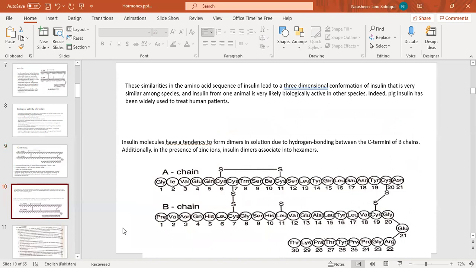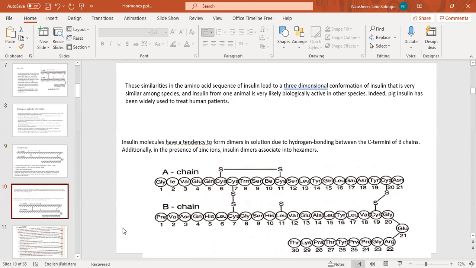These similarities in the amino acid sequence of insulin lead to a three-dimensional conformation of insulin that is very similar among species. And insulin from one animal is likely biologically active in other species.